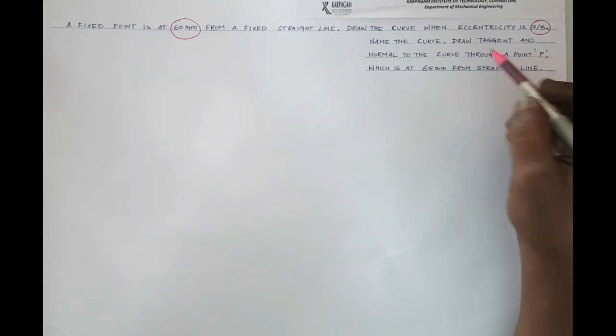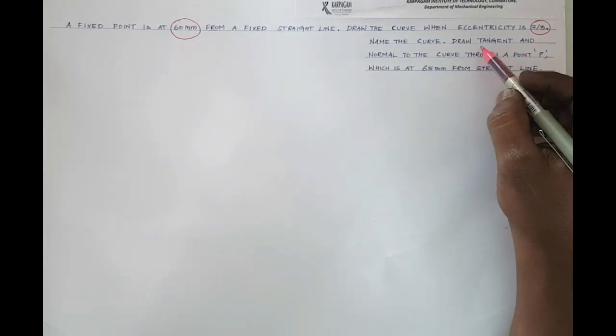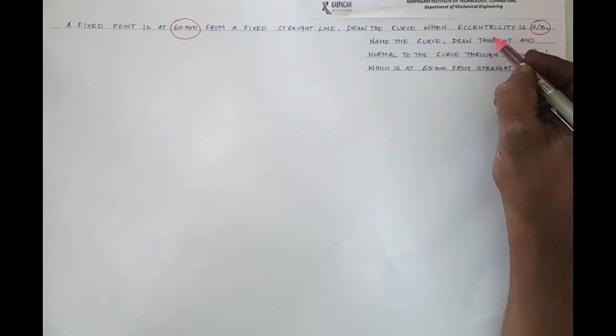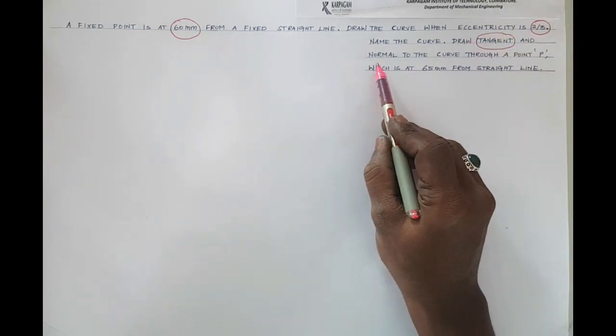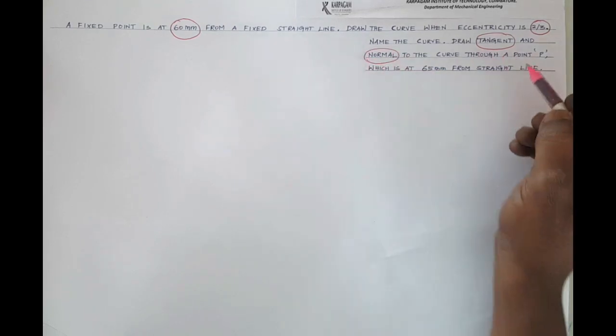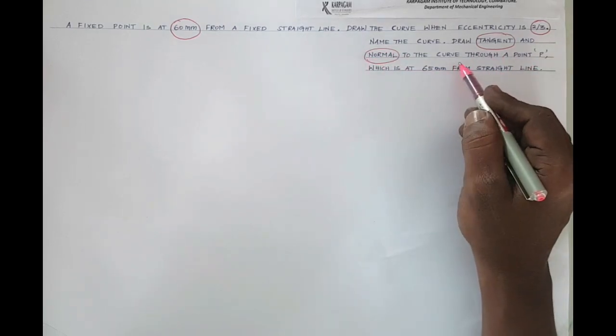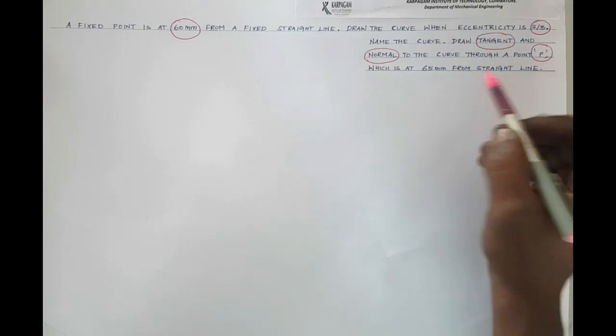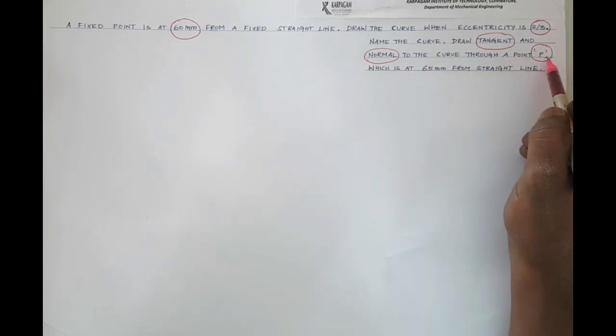Then lastly, they asked us to draw tangent and normal to the curve, specifically by using point B, and also they have given the location for fixing the point.